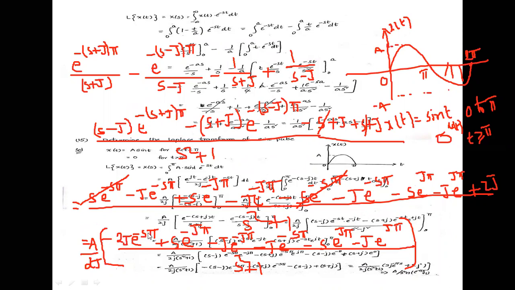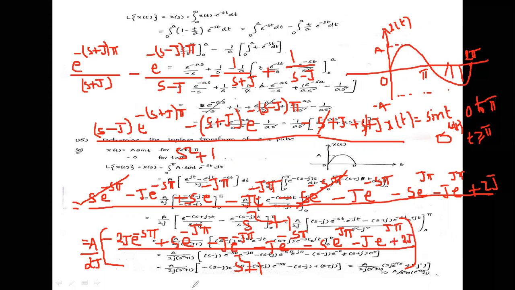Take it as minus 2j e power minus s pi, and plus s e power minus j pi, and minus j e power minus j pi, and minus j e power s pi, and minus s plus j pi, and minus j e power j pi, and plus 2j is also there. I forgot this one, the plus 2j. Got it, my dear students?